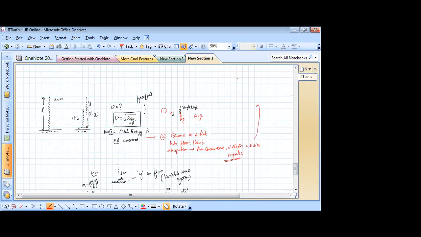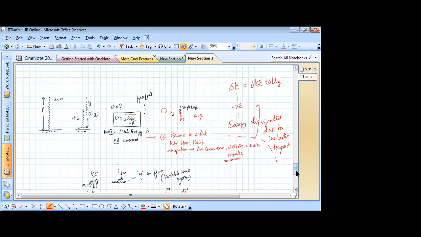So you can see over here that delta E is equal to change in kinetic energy plus change in gravitational potential energy. If you were to calculate this, you would see this is a negative quantity, and this is the energy dissipated due to inelastic impact. And this can of course also be calculated.